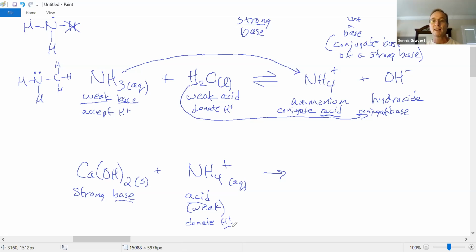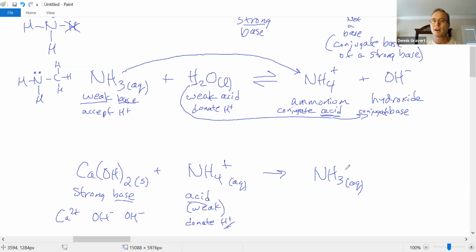Donate the H+. So then NH4 ammonium ion, you're going to turn into ammonia. That's going to be aqueous. And then this gets a little weird. This is a solid, but once it dissolves in water, it forms calcium ions and hydroxide ions.